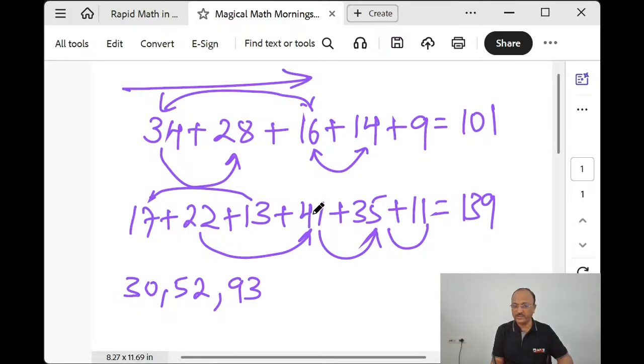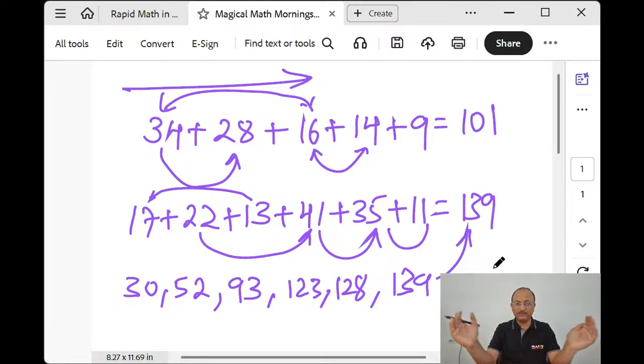Whenever there are numbers ending with 0 or 1, we can directly add them. 93, then 30 I will add, 123, then I will go to the step of 128 adding 5, then adding 11 is easy, 139. Like this, step by step, this is how we think.